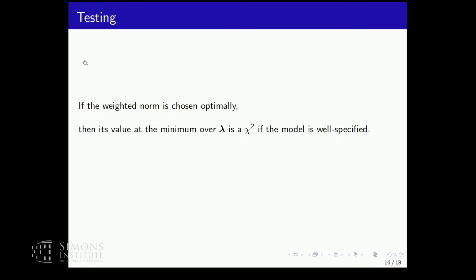And then when you get to the minimum, you're happy, you have an estimator of alpha, you have an estimator of beta. But in addition, the minimum, I should have said lambda is just putting alpha and beta together, is a chi-square under the null hypothesis that the model is well specified. So you can test the model.